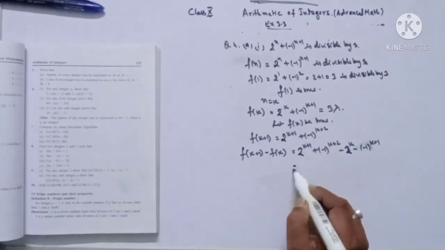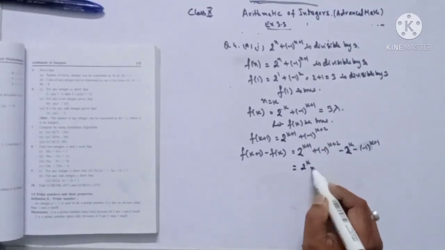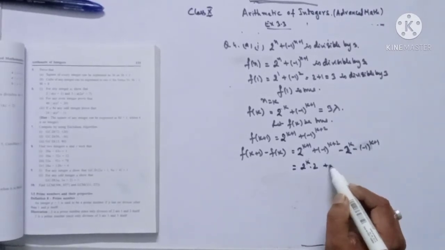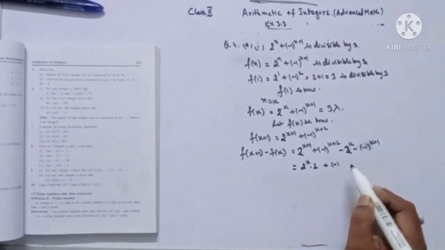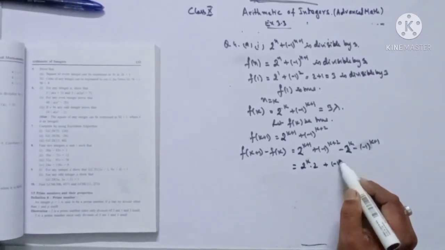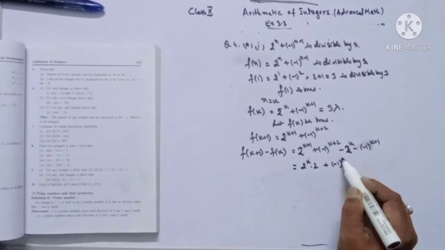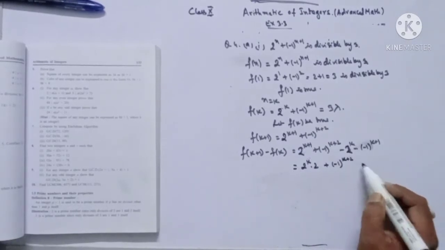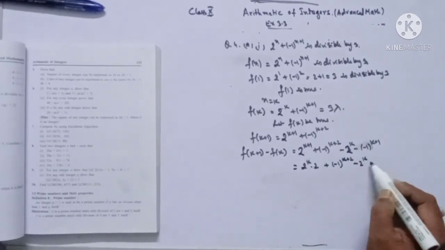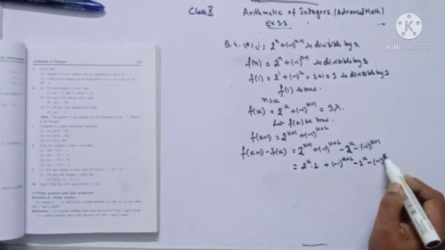So this will be 2 to the power of k into 2 plus minus 1 to the power of k plus 2, and k plus 2 minus 2 to the power of k minus 1 to the power of k plus 1.